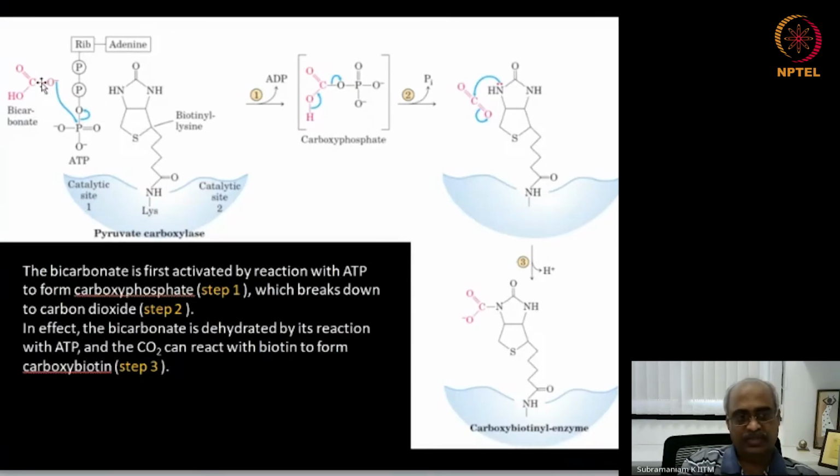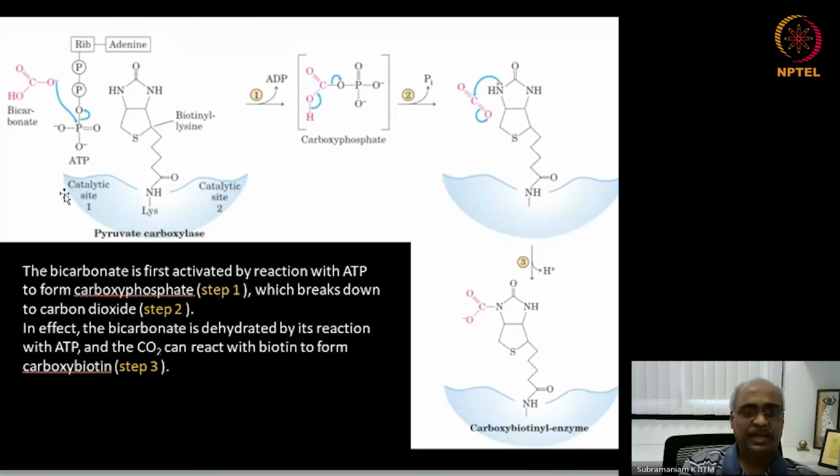So here first the bicarbonate, this is a hydroxyl group attached to the carboxyl group, that is bicarbonate, and that donates the carbon dioxide essentially in the form of carboxyphosphate. So that is the active or reactive form of carbon dioxide.